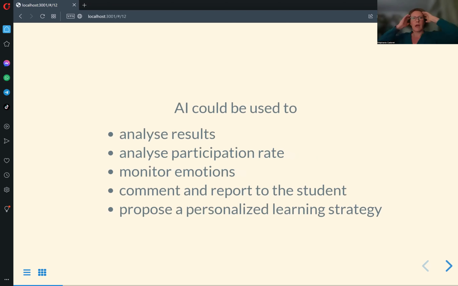So AI could be used for data analyzing and giving reports to the students. So it's personalization plus active learning. That is the goal. The use of AI could promote active learning, where students themselves regulate their learning based on the results of this data processing.